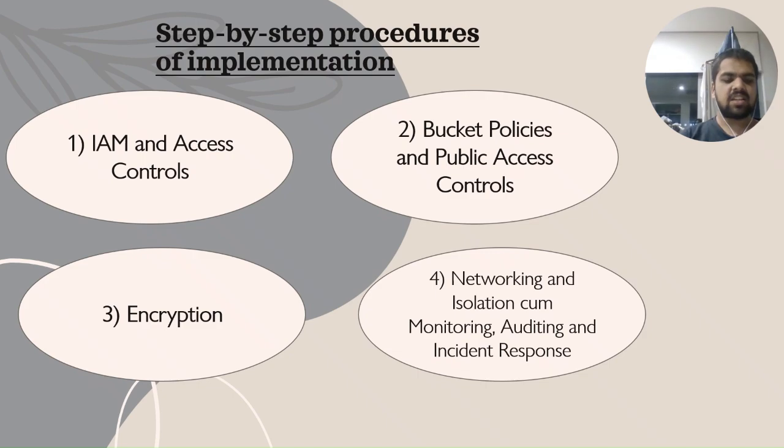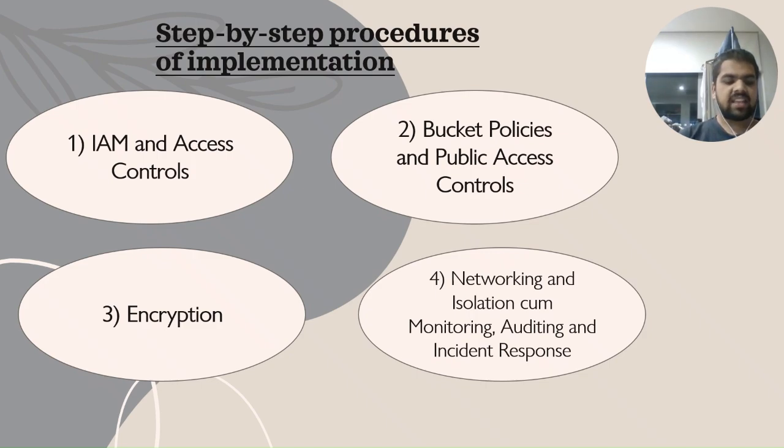In that case, one must switch to S3 Object Ownership with the bucket owner enforced setting to disable the ACLs, along with implementing least privilege access by granting minimal permissions and using IAM roles for workloads.